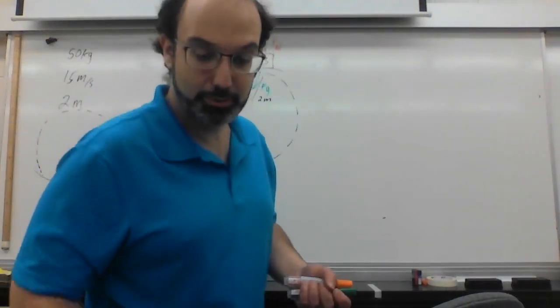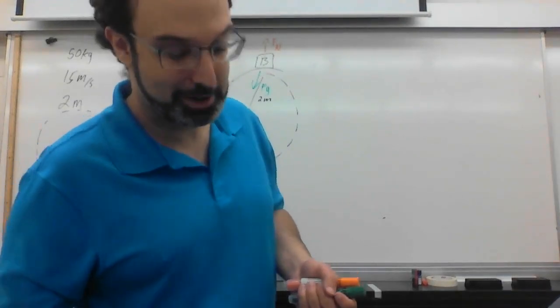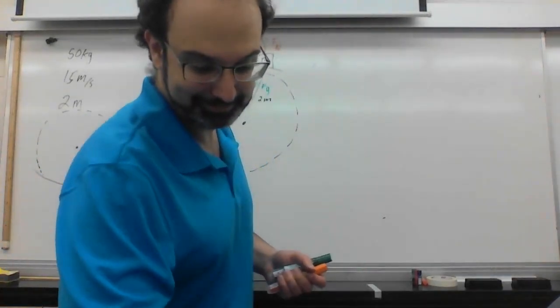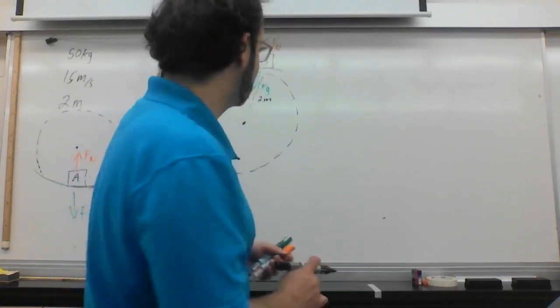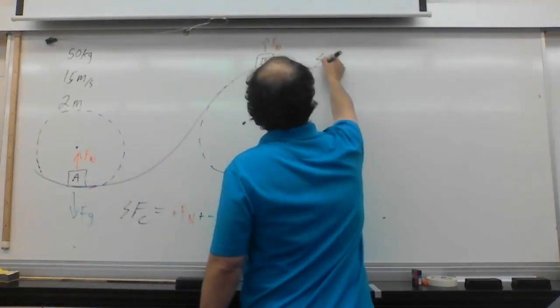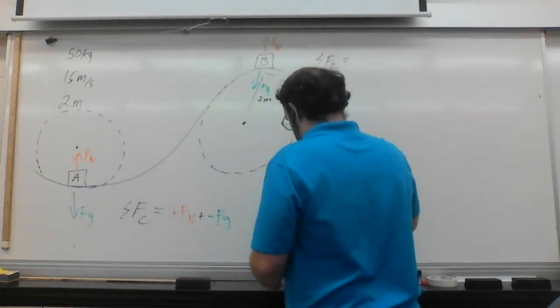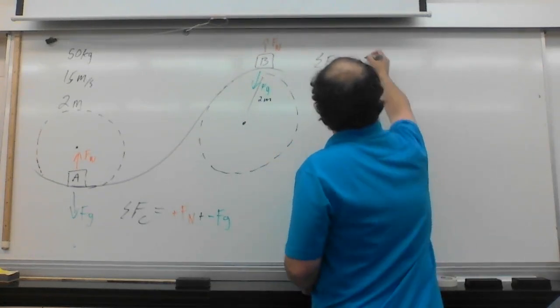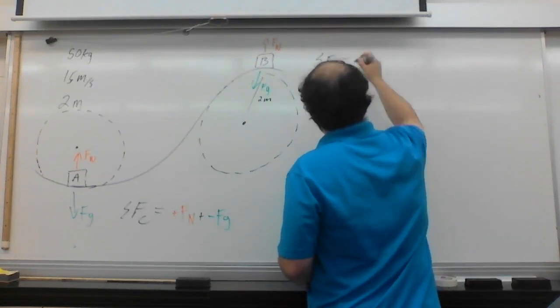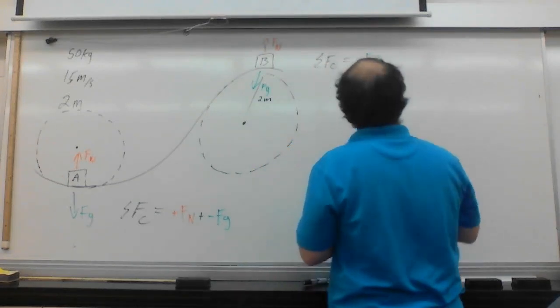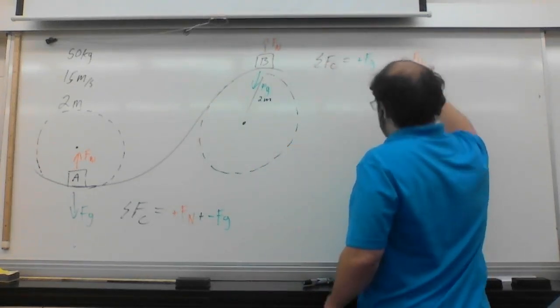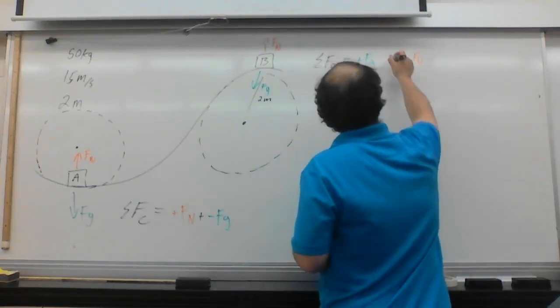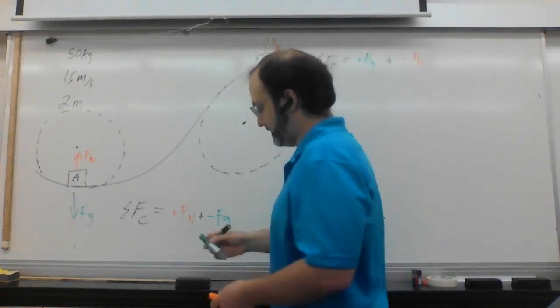Even more convenient when we take a look at the other question. Because the other one, well, force centripetal equals, in this case, the force of gravity points to the center, and the force normal points away. Madness. They flipped around on us.